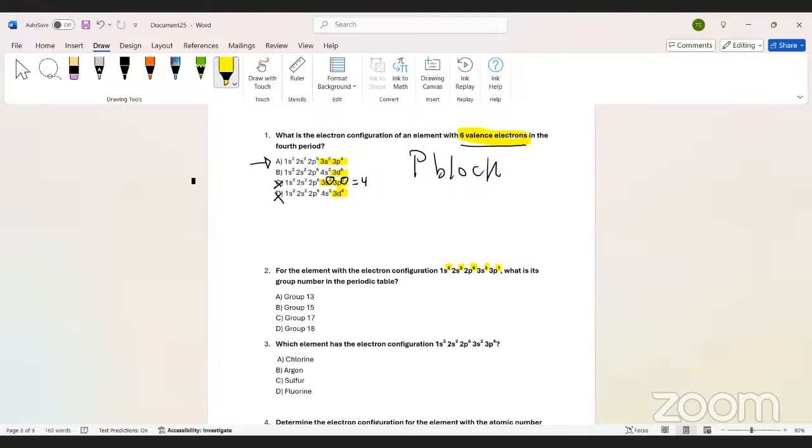But it also tells me drop the 1, and that gives me 3 valence electrons. And it also tells me group A. How do I know that? Because on the last energy level, 2 plus 1 gives me 3. 3 means group 13.